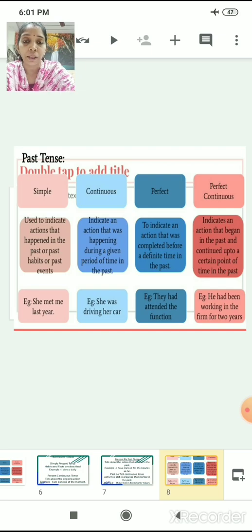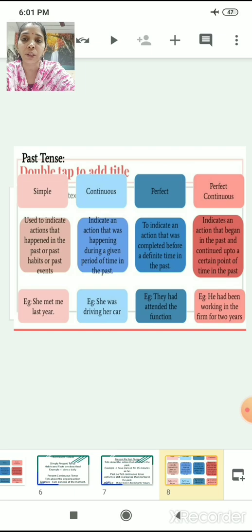The next type is past perfect continuous. Past perfect continuous indicates an action that began in the past and continued up to a certain point of time in the past. For example, he had been working in the firm for 2 years.